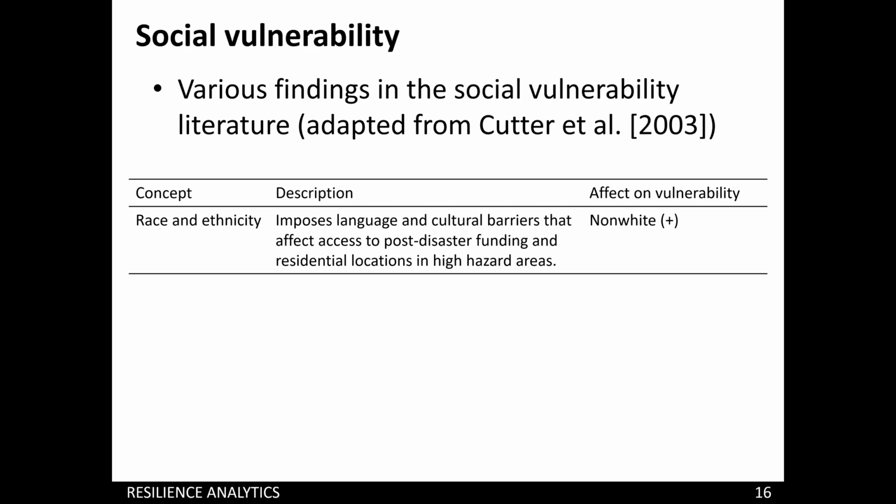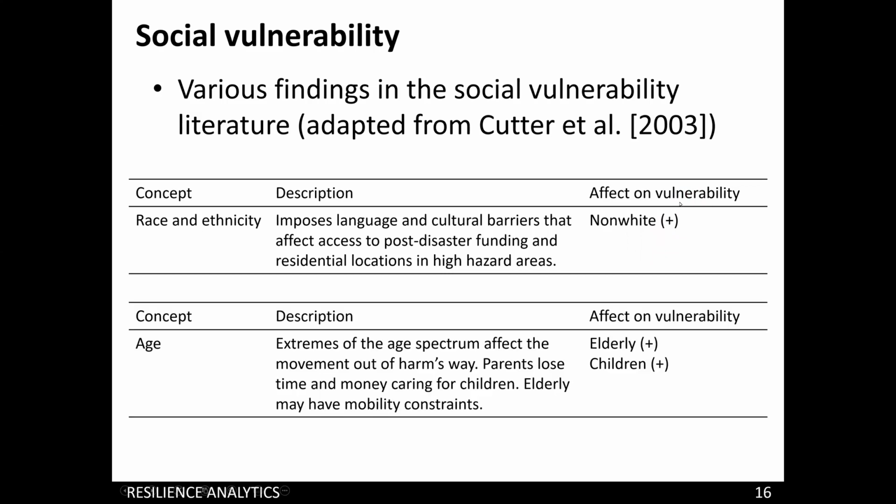Certainly there are fewer resources devoted by municipalities and governments to certain areas where certain races might live. And that's a function of poor governance, but that reality exists nevertheless. And Cutter et al. found that being non-white increased social vulnerability.